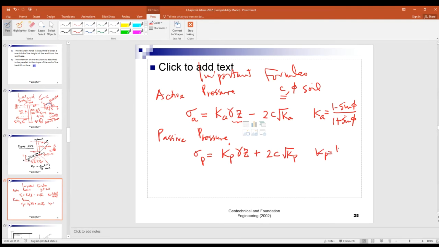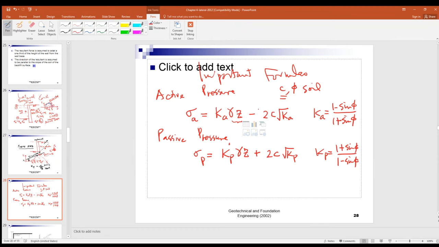The other way around: 1 plus sine phi over 1 minus sine phi. Now, that is the most important lateral earth pressure formula. It's not difficult to recall or memorize this formula.